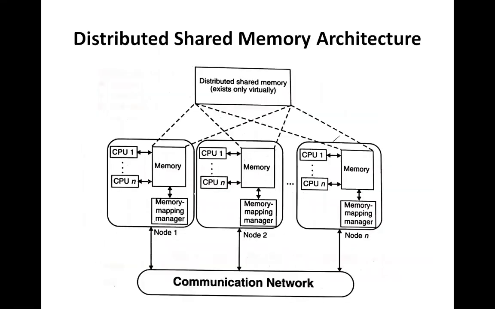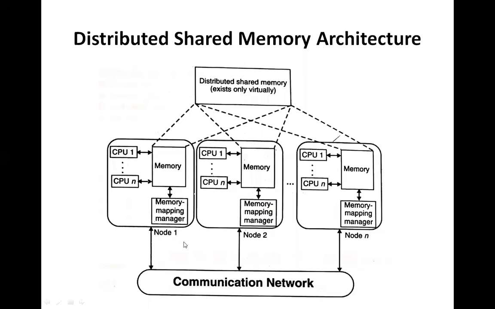So let us now discuss the distributed shared memory architecture. In this architecture, you can see that you have different nodes, and each node of the system has one or more CPUs along with a memory unit.